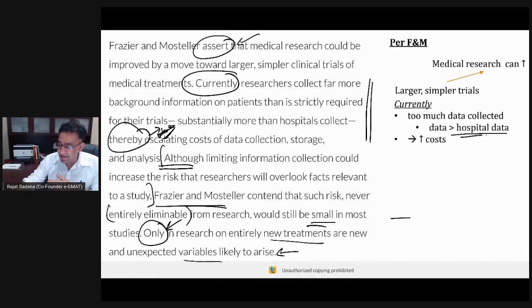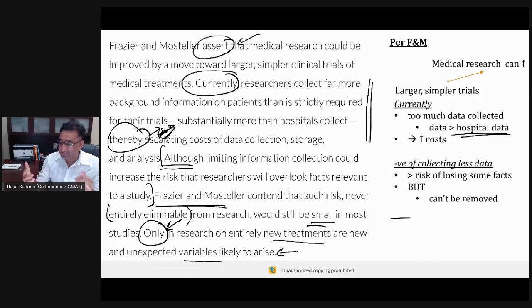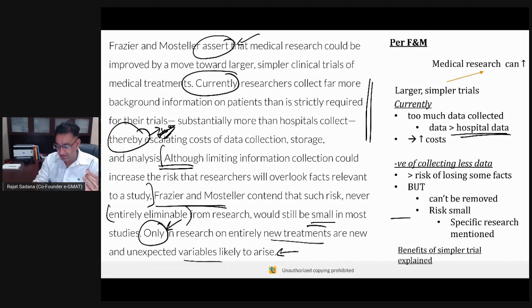You compare them against the amount of data that hospitals collect, and this includes cost. And yes, there's a downside of collecting less data, but that downside, even when you collect all of this data, exists only in one very specific scenario where these new and unexpected variables are likely to arise.